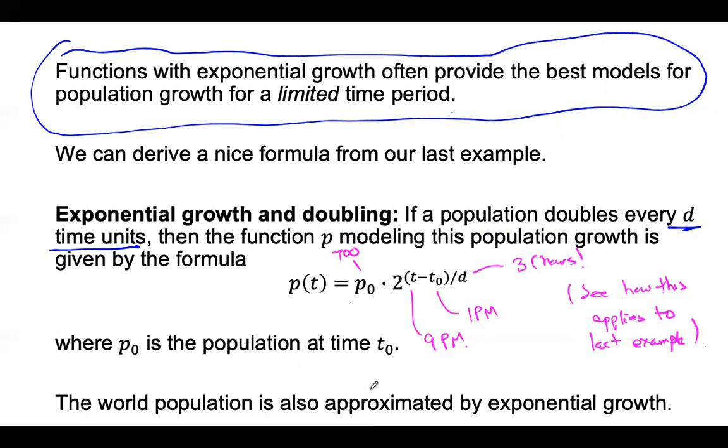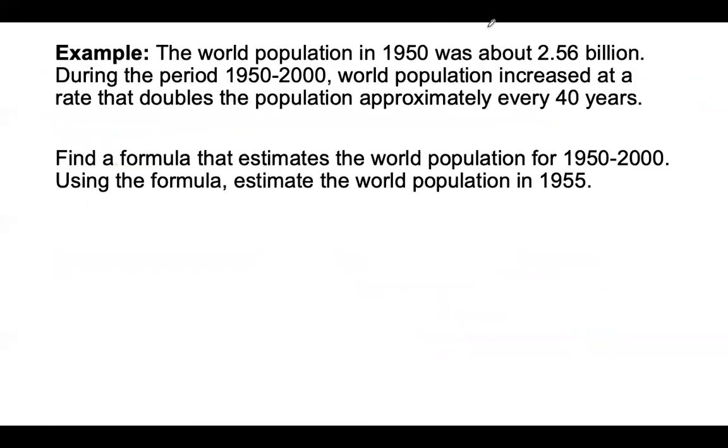So the world population is also approximated by this exponential growth. Here we're going to apply that same logic that finds the formula for the world population between 1950 and 2000.